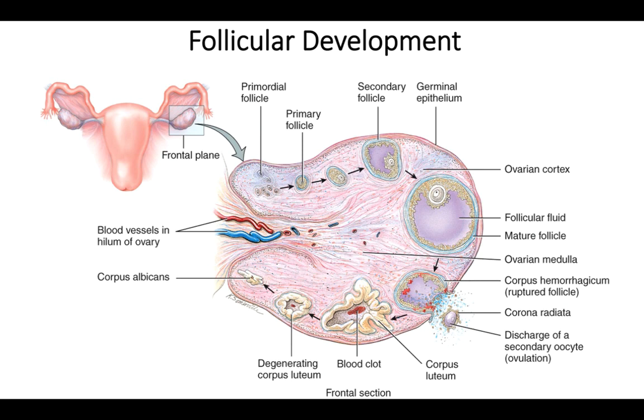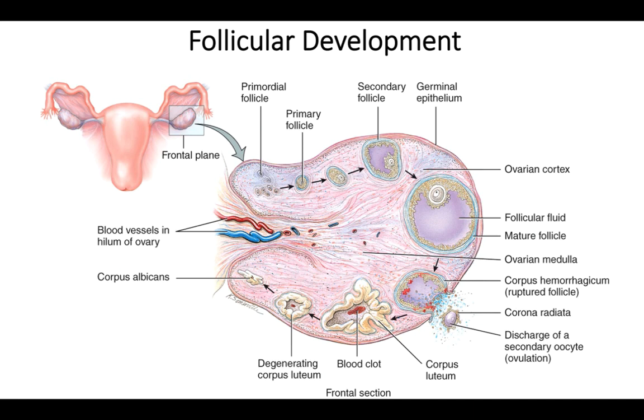So when a baby girl is born, the ovary is loaded with what's known as primordial follicles. Those are these small little structures, and inside those little structures is where the oogenesis is going to be occurring. So each follicle could ultimately produce one egg. And then that egg or oocyte gets ovulated and enters the fallopian tube.